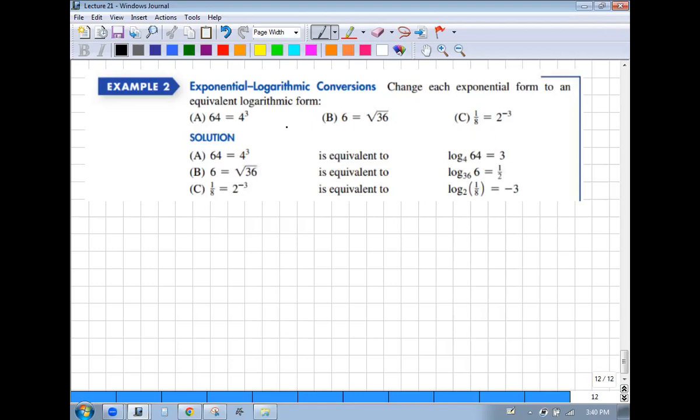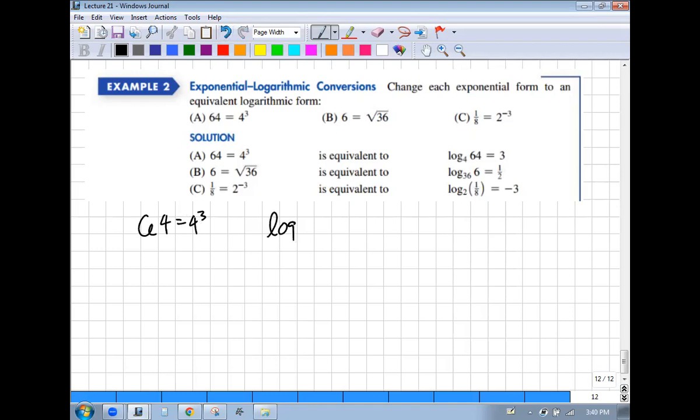All right, let's look at this one. Change each exponential form to an equivalent logarithmic form. Not sure what they want us to do here. So how would we rewrite that? 64 equals 4 cubed. They want us to write it like this. So our base here is 4.